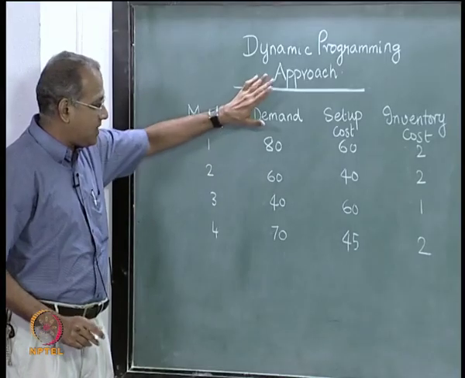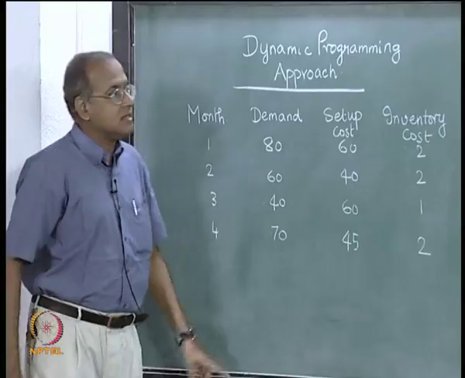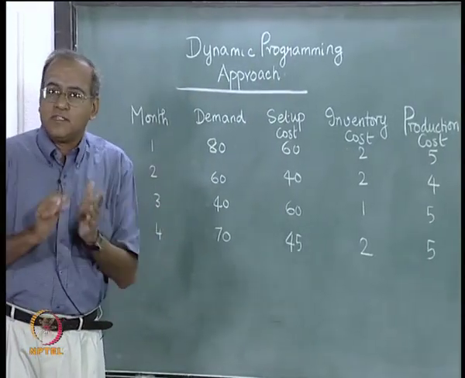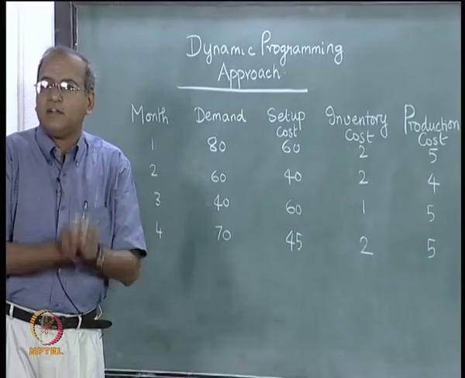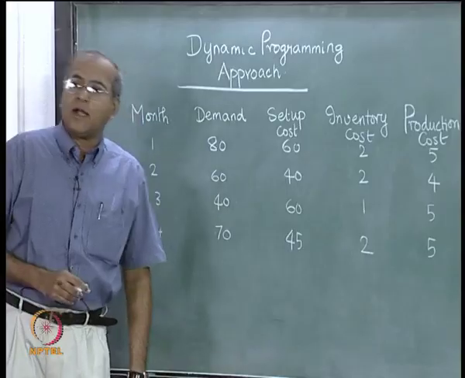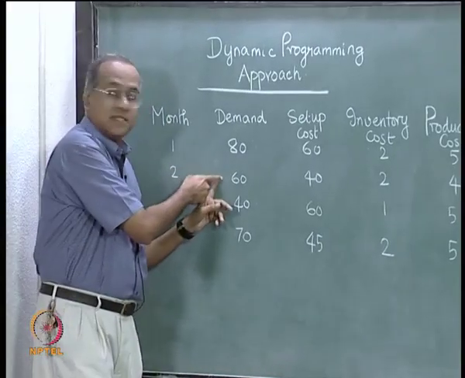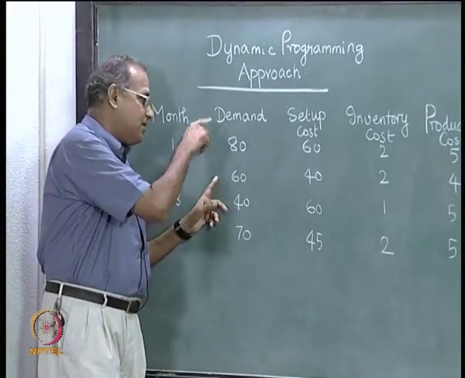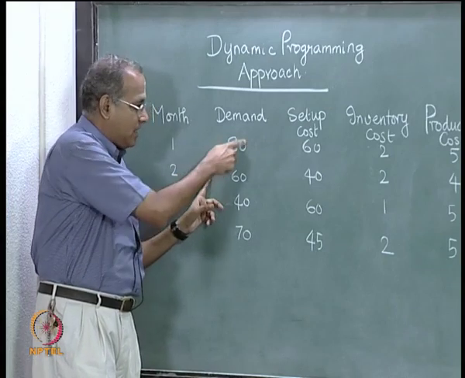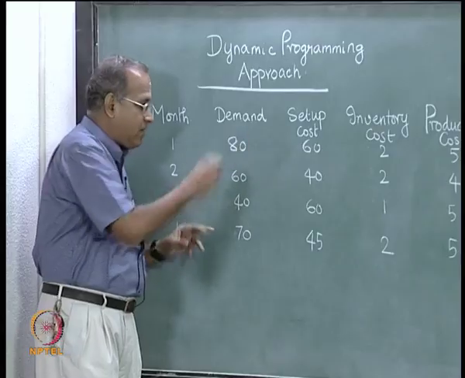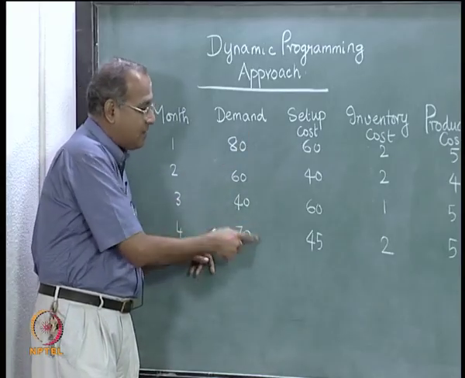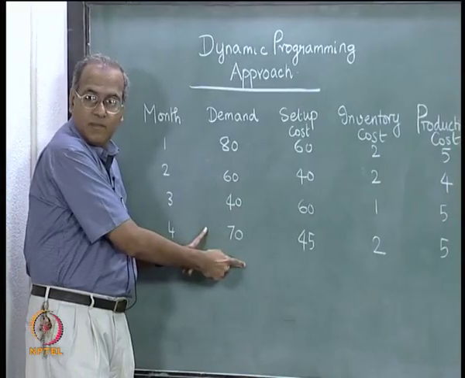When we did not consider backordering, this model will definitely have Q1 equal to something, because the first month's demand has to be met in the first month, and there is no beginning inventory. But in the backorder case, we could consider the scenario where we do not produce anything here, we make 140 here to meet these two, and maybe another scenario where we make 110 here to cover these two.